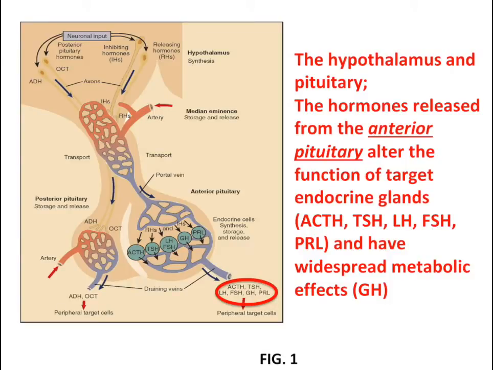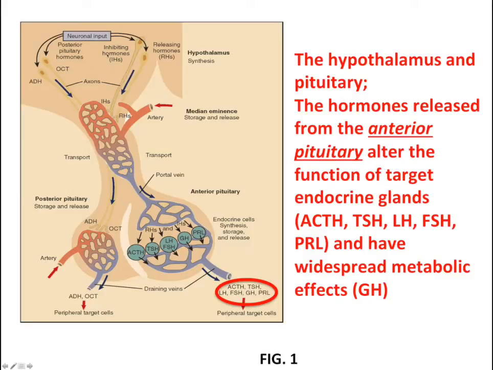So the hypothalamus is a part of the central nervous system, and it integrates many inputs: thermoregulation, appetite, arousal. There are many inputs, and then this allows it to control the body through the release of hormones via the anterior pituitary.